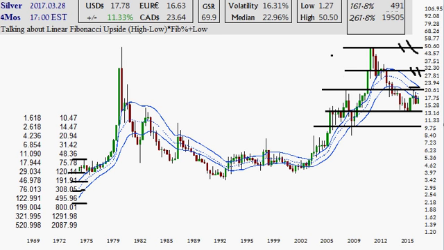This one coincides with this one as well. 800 coincides with Cliff High's prediction, or what he's been saying for years, of where silver is going to go. And you can follow that up with 1292 and 2100. So those are the key levels within the Fibonacci for silver.